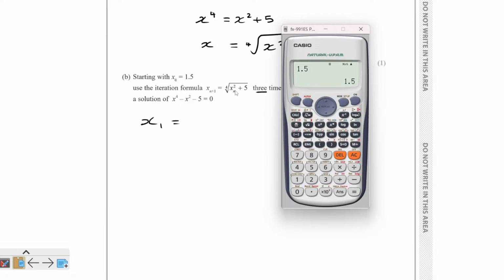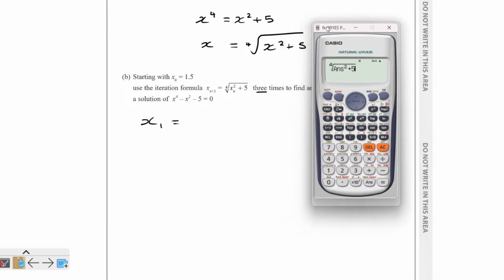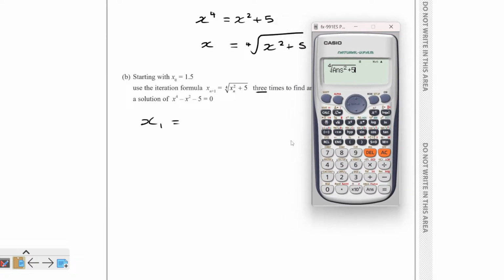Then you can type in the formula, but put answer wherever they've said xn. So fourth root, so 4, answer, and then that is squared, isn't it? Plus 5. The reason why I do that is because then I can just press equals 3 times. And I just have to write down the values from there.